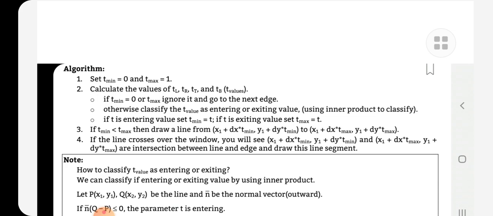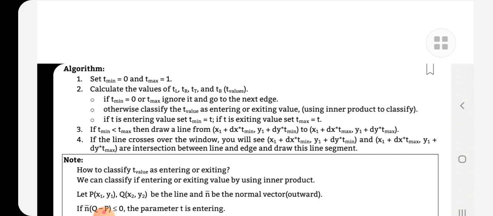Then, if t is equal to t minimum or t maximum, ignore it and go to the next stage. If t is less than t minimum or t is greater than t maximum, then ignore it and go to the next stage. Otherwise, classify the t value as entering or exiting. If t is an entering value, set t minimum equal to t.